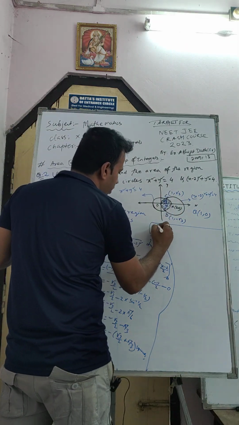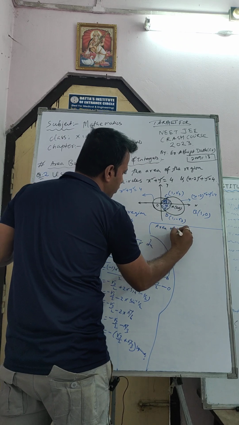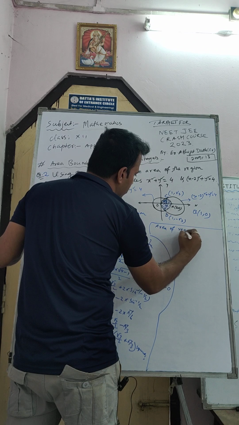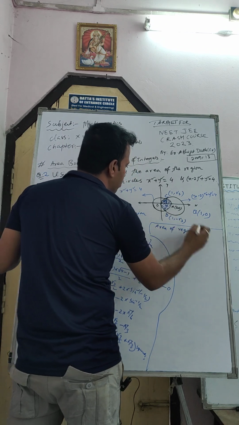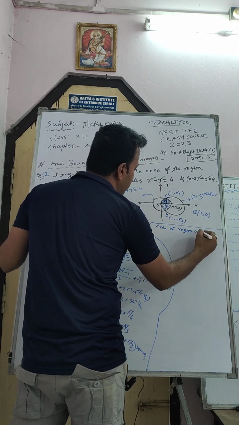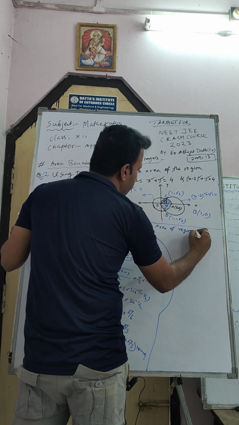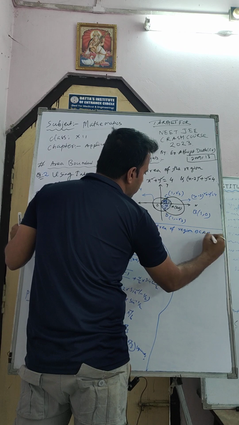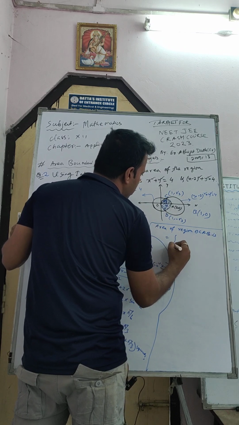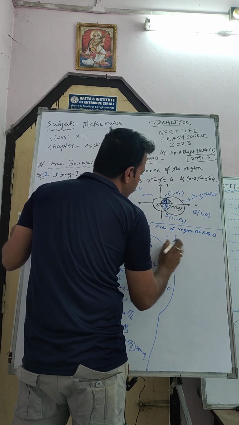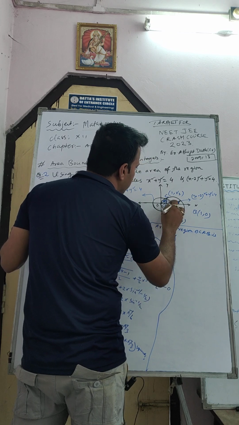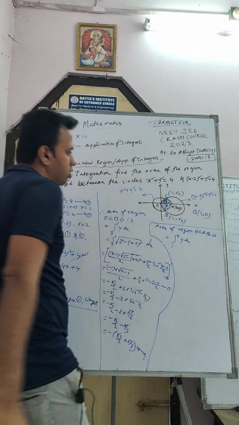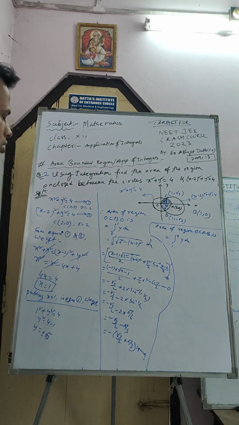Now area of region BCAOAB is equal to integration 1 to 2 of y dx.